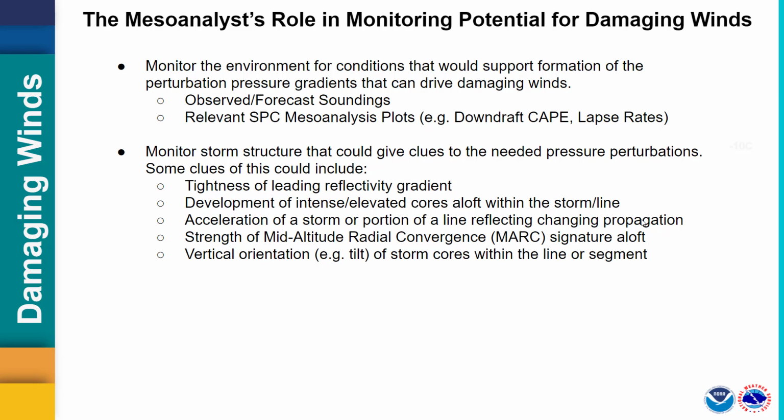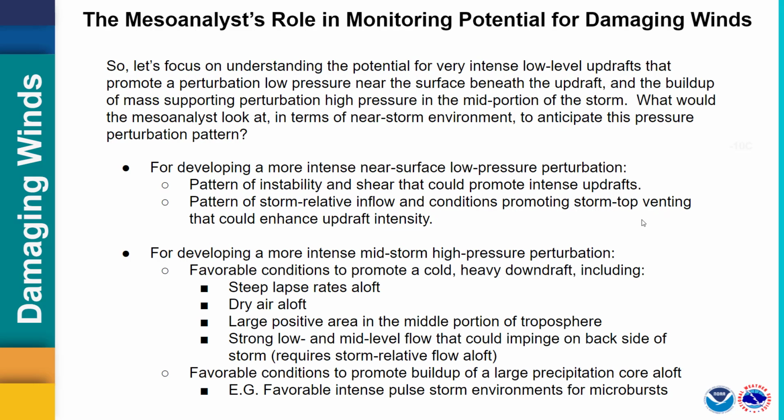Examples of these clues would be a tight leading reflectivity gradient, development of an intense elevated core aloft, acceleration of a storm or portion of a line reflecting changing propagation, the strength of mid-altitude radial convergence aloft, vertical orientation, and so forth.